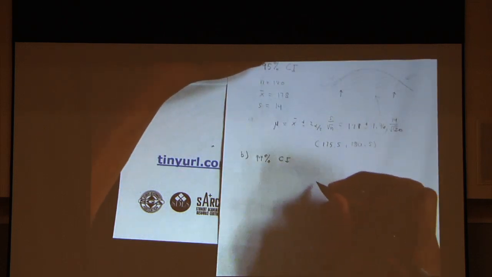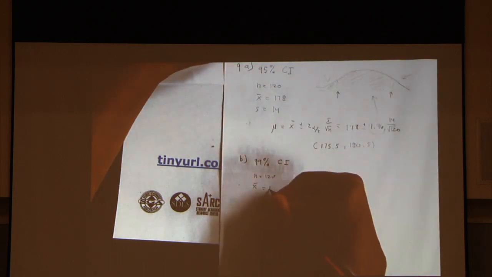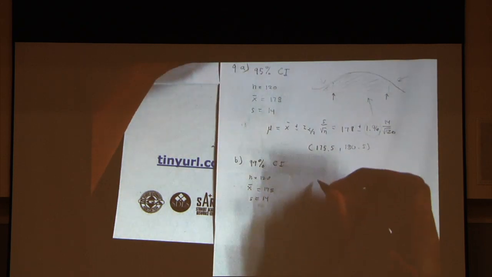So now we still have the same values. N is 120, the mean is 178, S is 114, right? Except now we have like about somewhere here.